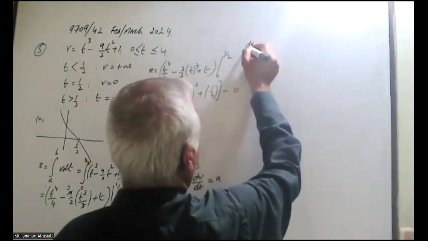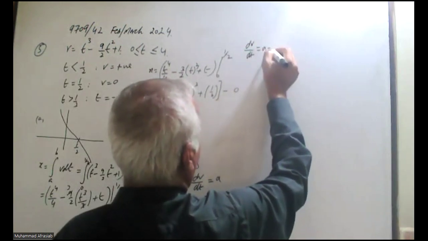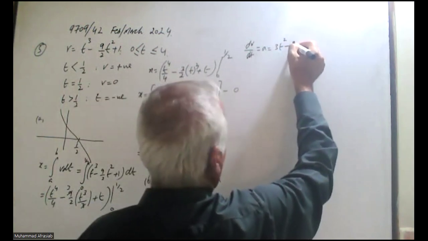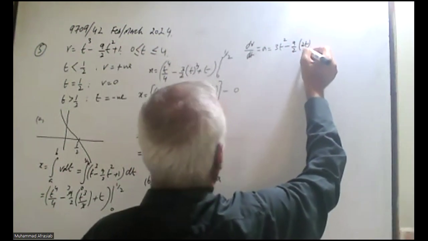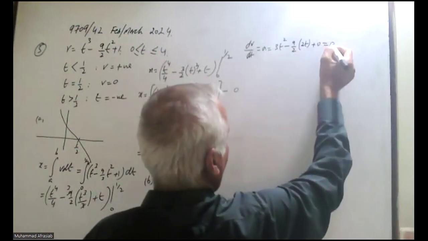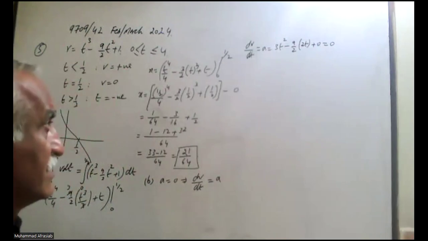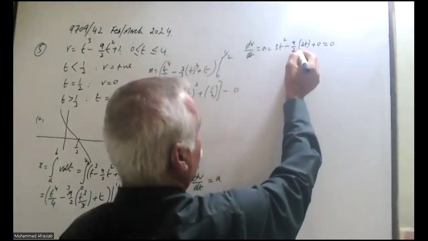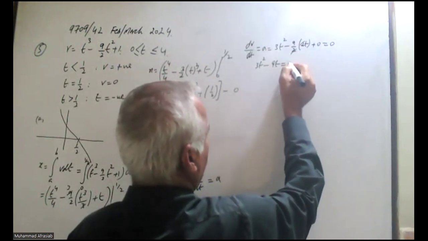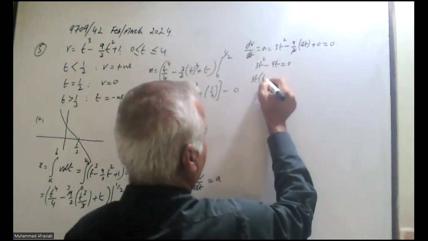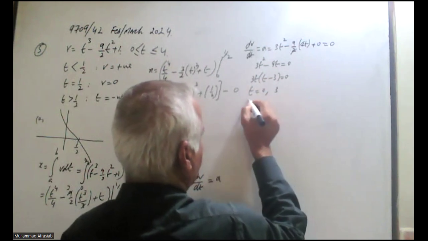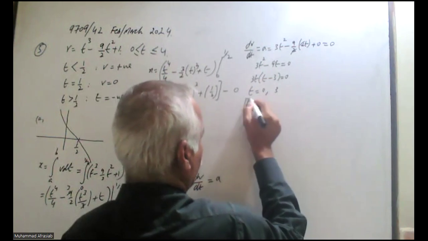So dv by dt, that is acceleration, is equal to 3t square minus 9 over 2 times 2t plus 0, and this is equal to 0 because acceleration is 0, as given in the question statement. So it should be 3t square minus 9t is equal to 0. If we take 3t common, t minus 3 equal to 0, t is equal to 0 and 3. But they are asking for the positive value, so it should be equal to 3.